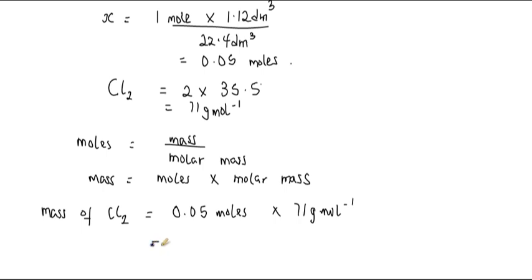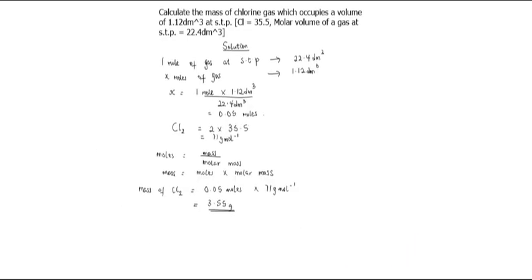Multiplying this, we have 3.55, and the unit in grams, which serves as the final answer. And we can say the mass of chlorine gas which will occupy a volume of 1.12 dm³ at s.t.p is 3.55 grams. That will be all.